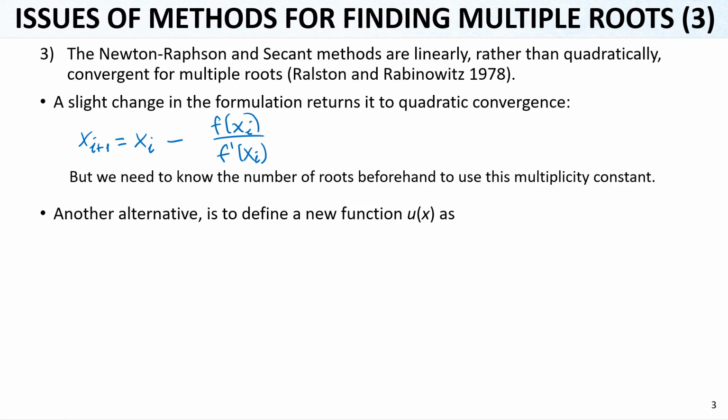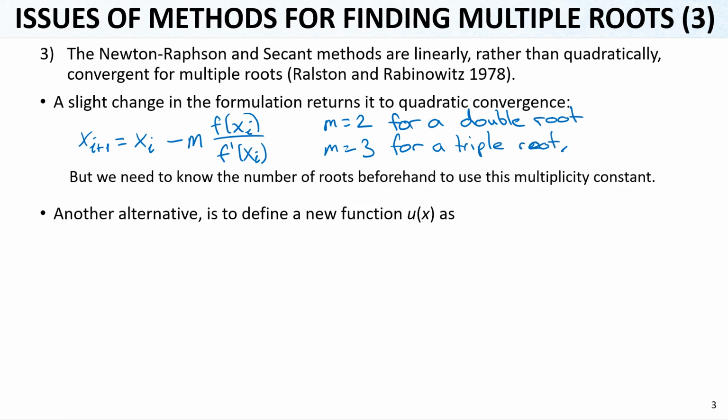So instead of this, we can simply add a value m, a parameter, or a variable, and this m represents the multiplicity of the root, whether it is double, triple, etc. And m is 2 for a double root, and m is 3 for a triple root, etc. This can continue this way.